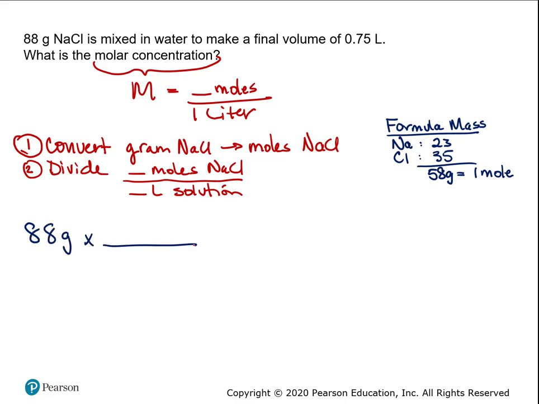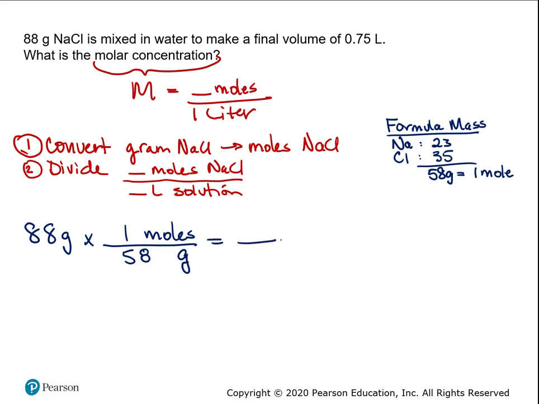What unit do I put on the bottom in the first part? Grams. Moles goes on top. Grams gets the 58. Moles always gets the 1. So notice that grams and grams will cancel.